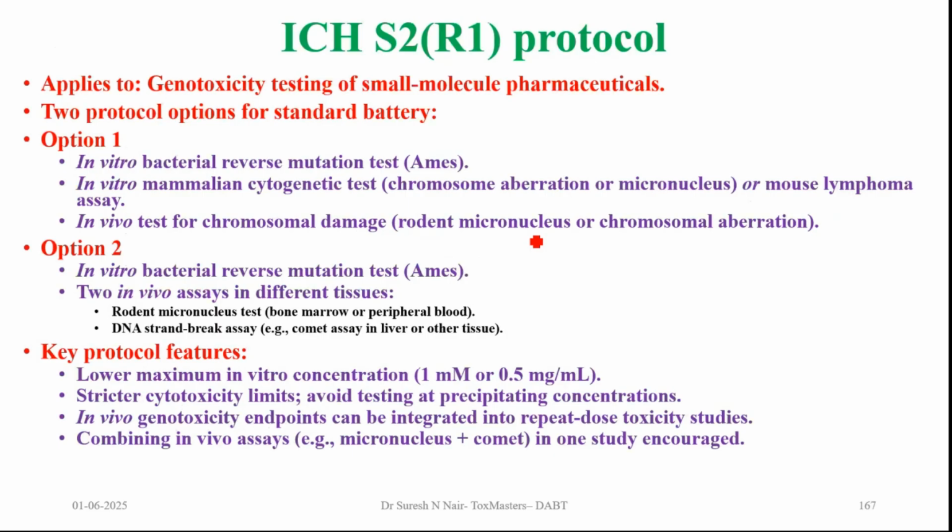Then the ICH S2 guideline. You have two options: in option 1, first is the Ames test, followed by the chromosomal aberration or micronucleus test, followed by an in vivo test for chromosomal damage. Option 2 has the reverse mutation assay and two in vitro assays. So these two options are there.